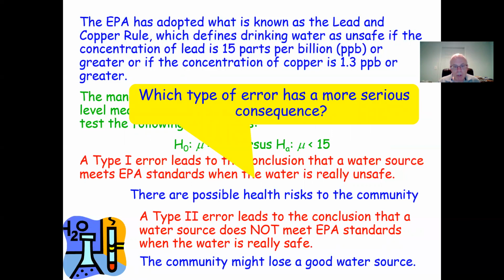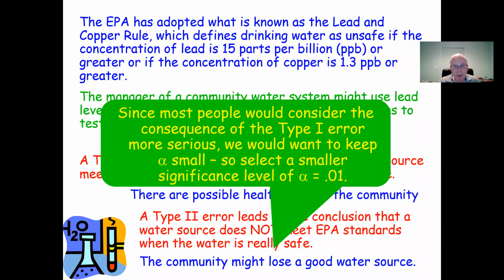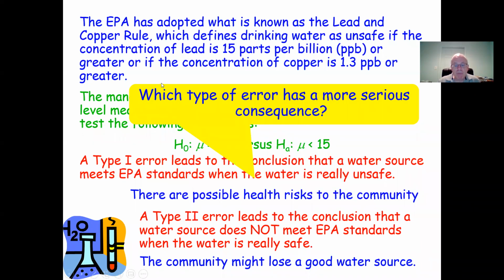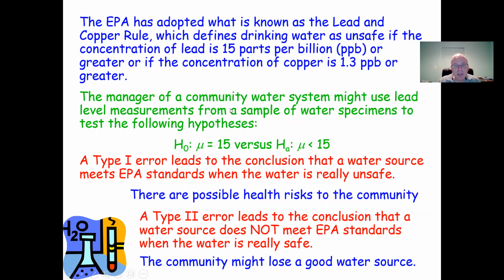Which one is the most serious of the two? Most people would consider the type 1 error to be more serious, right? Why? Because if we go back to it, it leads to the conclusion the water source is safe when it really is unsafe.